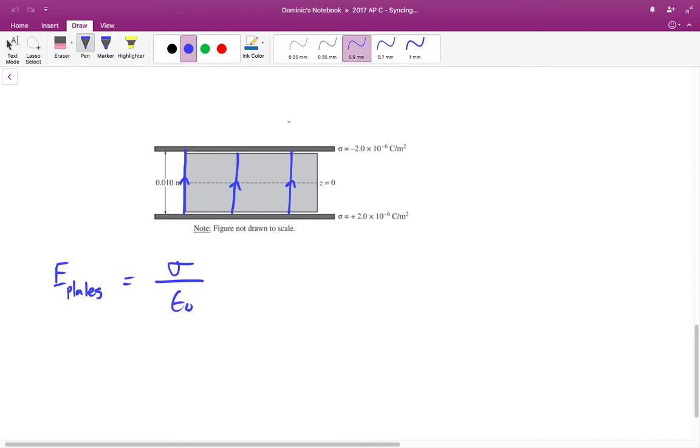The electric field direction while you are inside the slab, before it's put inside of the two plates, if you recall, if you were above the 0 point, it points up, and if you were below the 0 point, it points down.